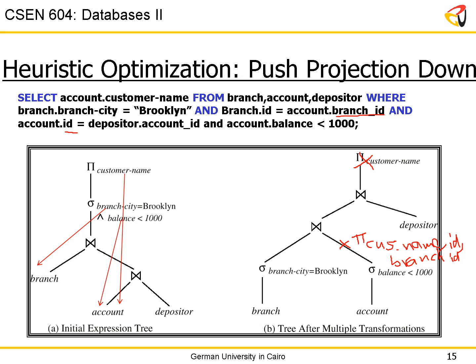The second heuristic is to push the projection down, for the same rationale. Just like we pushed the selection down, we reduced the number of rows we are propagating upward in the tree.